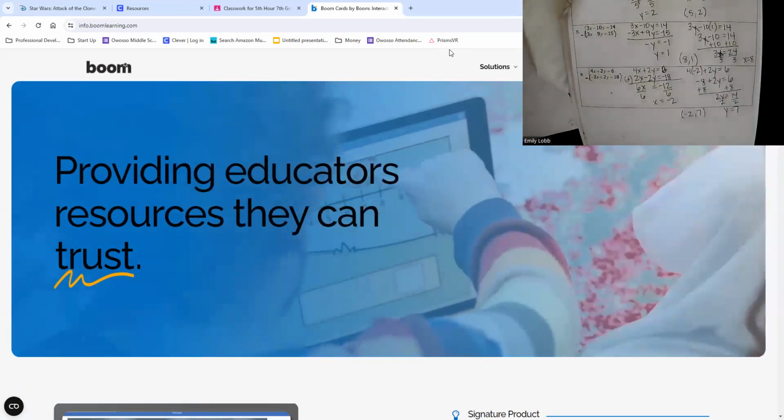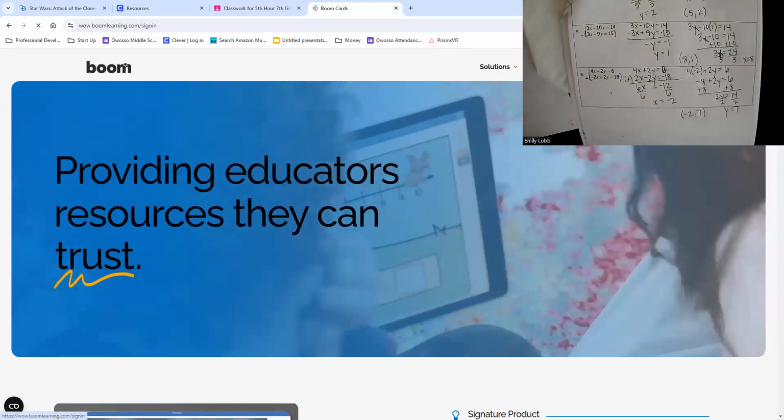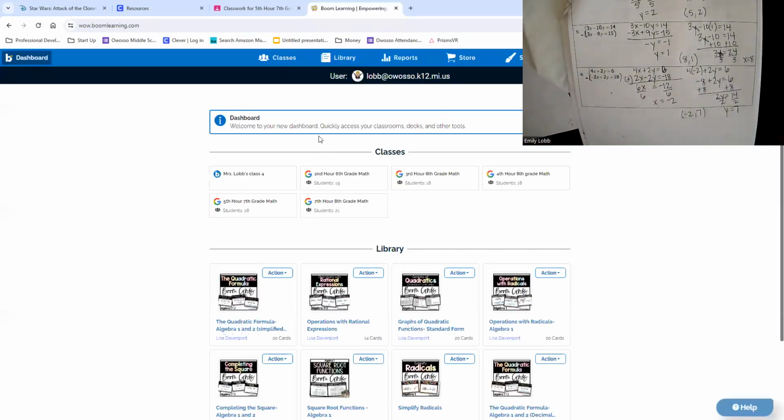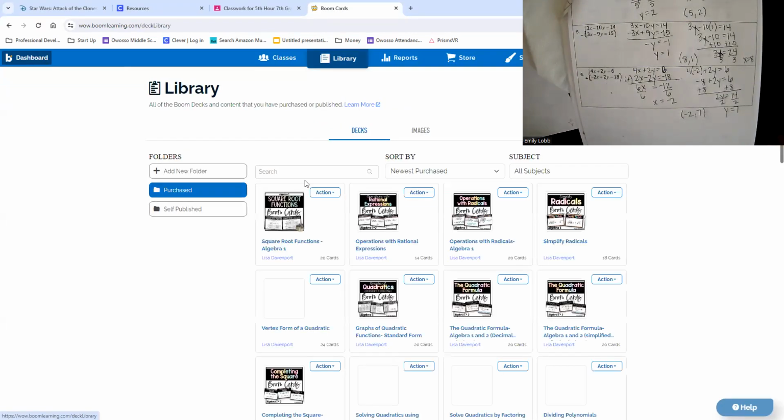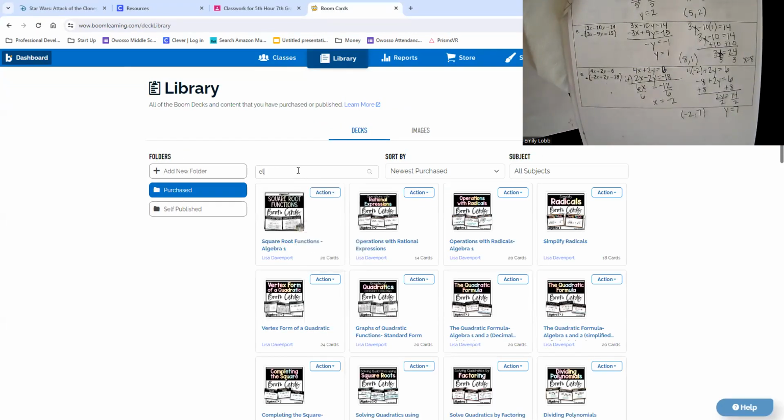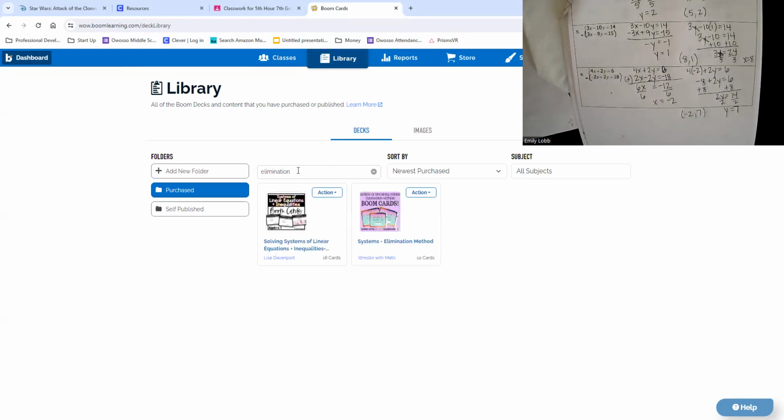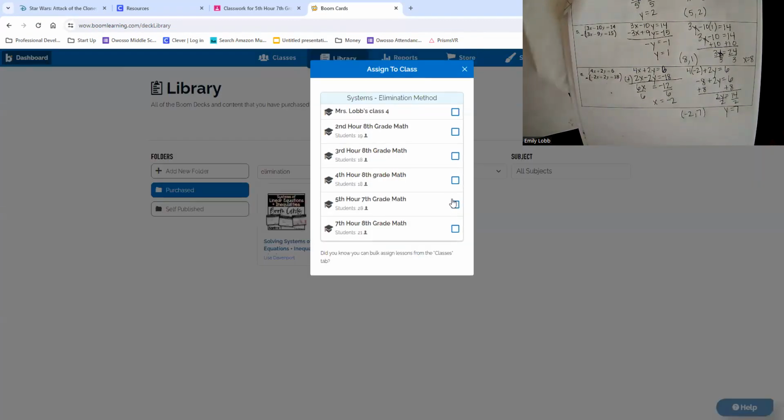Yes, boom cards. For a second, I was like, wait, is this a pixel art? And it's not. All right. So it looks like this. It's pink. Make sure you're looking at the elimination and not the substitution.